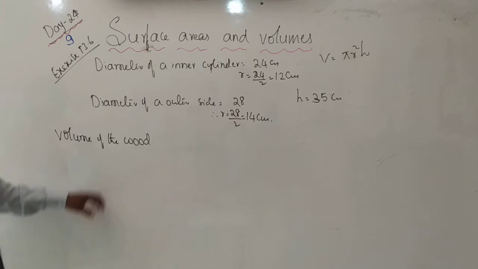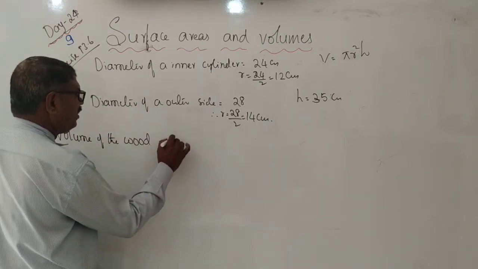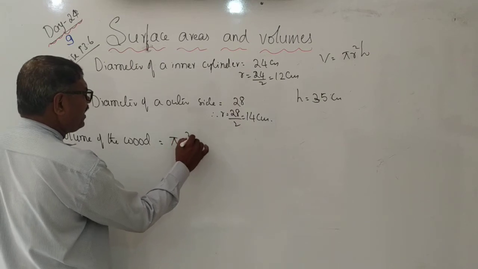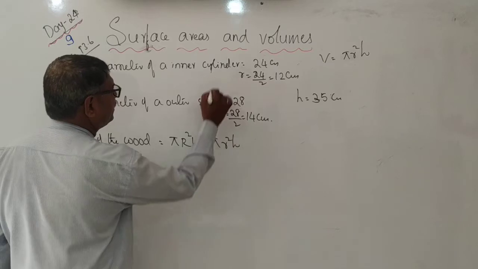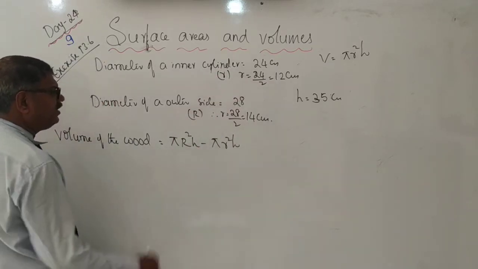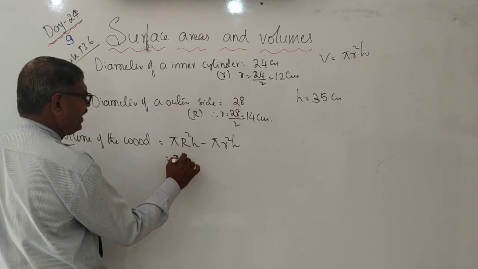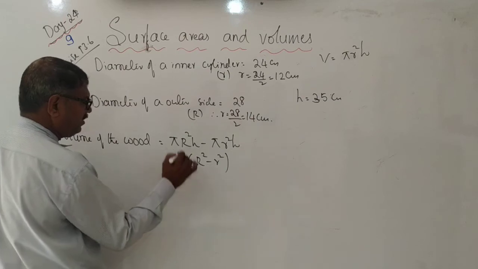Volume of the wood: he has given outer and inner, therefore we have to subtract. It is equal to pi R square h minus pi small r square h. This is R and this is r. So it is pi h if you take R square minus r square.